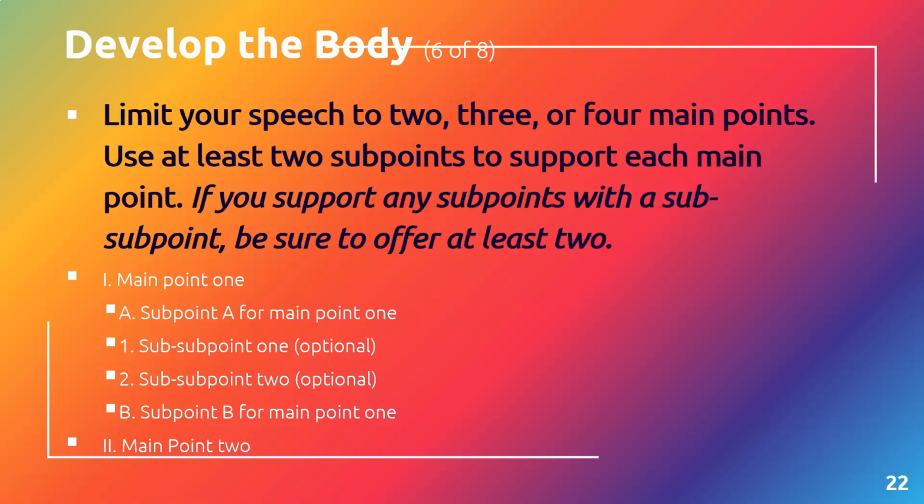So you want to have 3 main points and at least 2 subpoints for each of your main points. And if you have subpoints, subpoints, you need to have at least 2 for each subpoint.